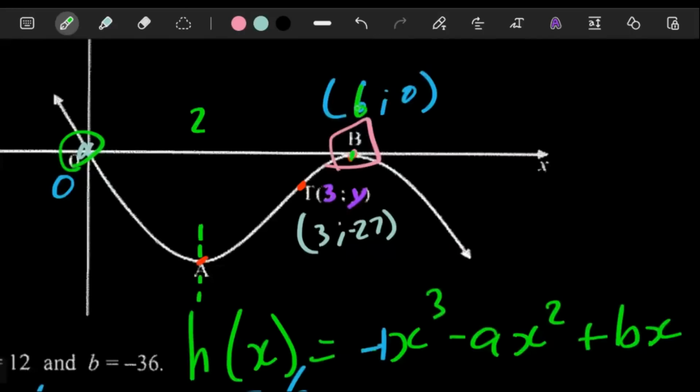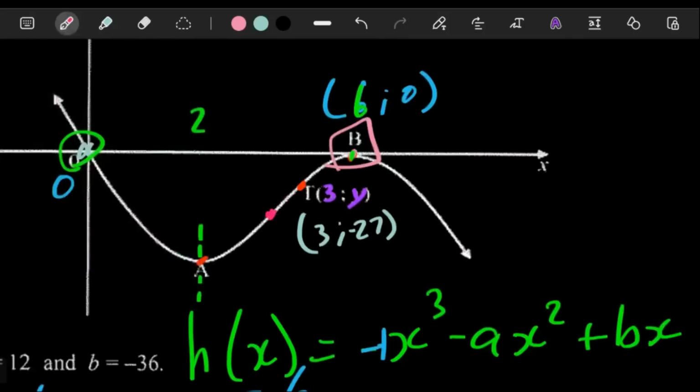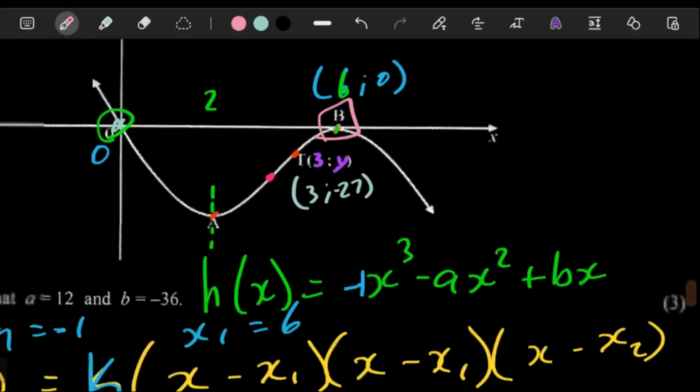In between 2 and 6 is 4, because in between the x values of your turning points, that's where the point of inflection is. And the point of inflection is where your concavity gets split up. One side that's smiling is concave up. One side that's frowning is concave down. So T is on the side that's concave down.